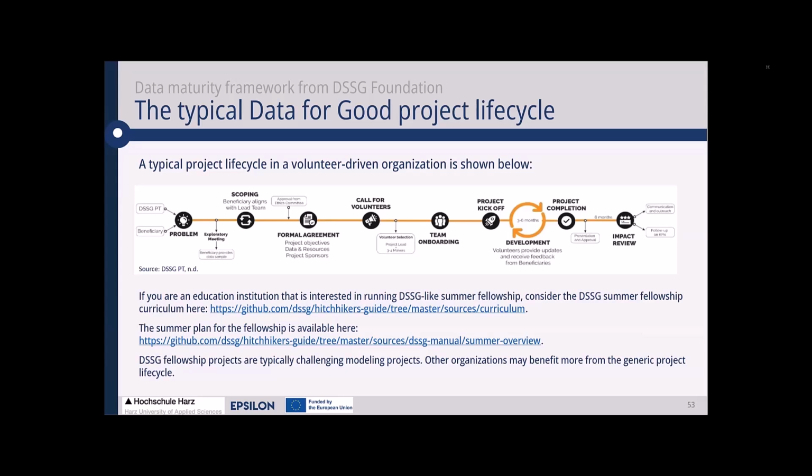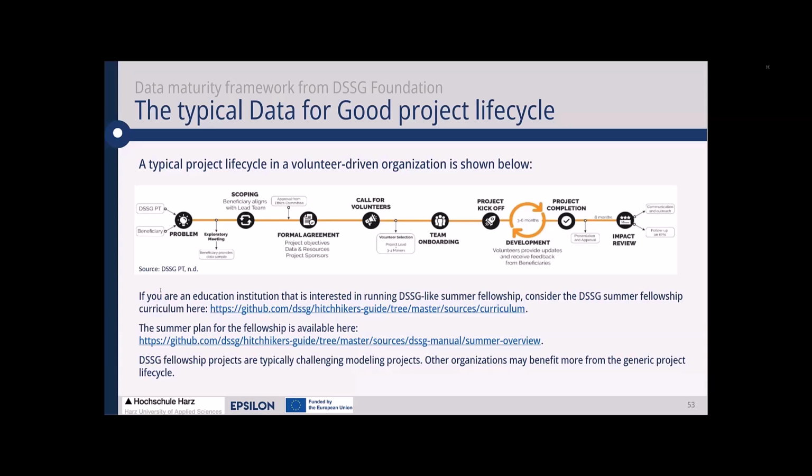So let us begin with the left-hand side. Here, there is the touch point between Data Science for Social Good Portugal, in this case, and the beneficiary. Together, they talk about the problem and they identify the problem that should be tackled in a project. This is done with an exploratory meeting where the beneficiary provides a data sample. So based on the initial discussions, the beneficiary has to provide a simple data sample.